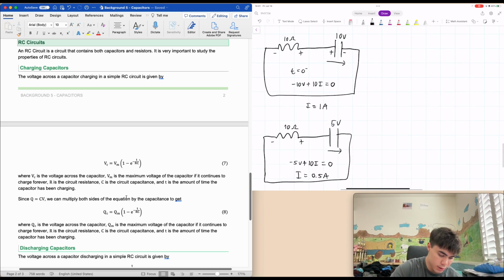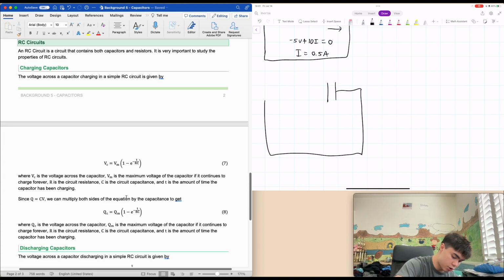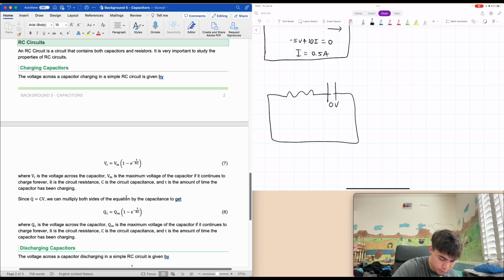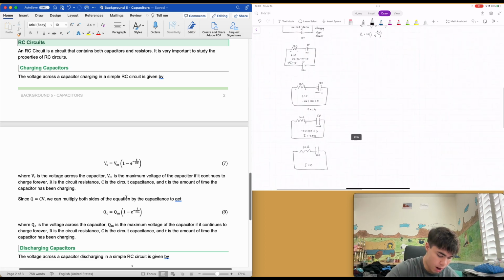So it starts at 10 volts and approaches 0 volts eventually, and the rate that it loses charge decreases and gets slower and slower. Here we have 0 volts, and 10 ohms, and there's no current in this circuit. So very similar but opposite.